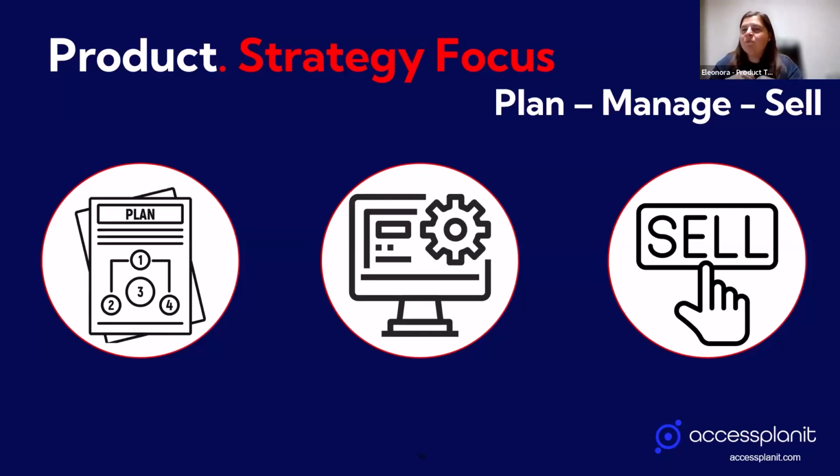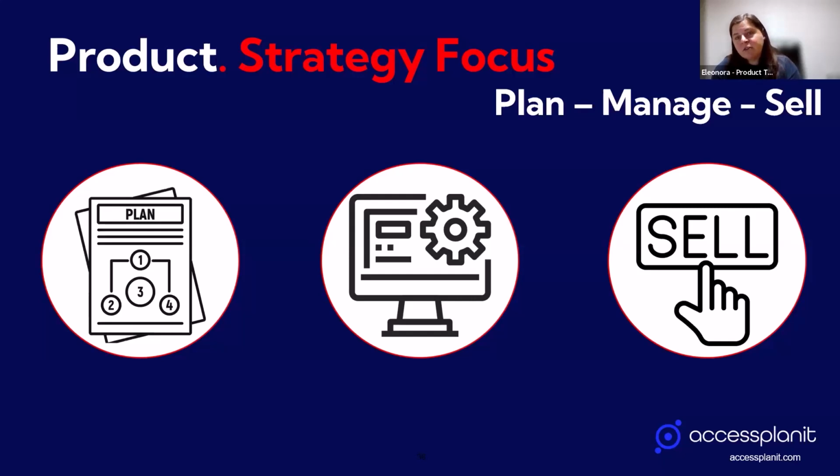We can help with more and more automation, so there's less manual work. Things are simpler, easier, faster, and that's what you want if you use accessplanit too. We're focusing on three main areas: scheduling, resourcing, reporting, then booking, automation, customer management, and sales. All these areas are a big focus in 2024.